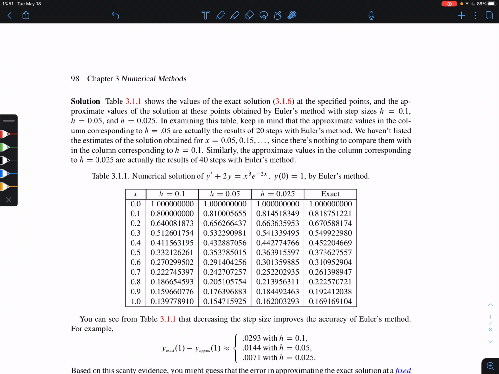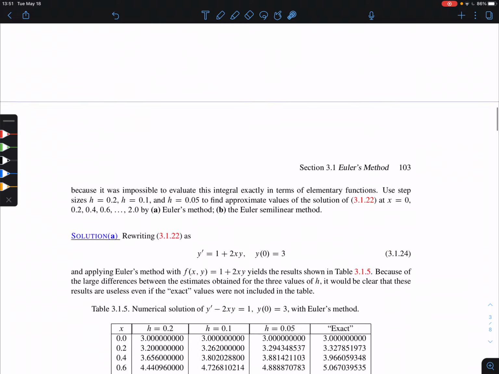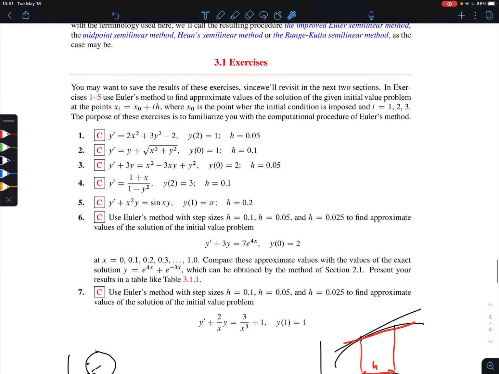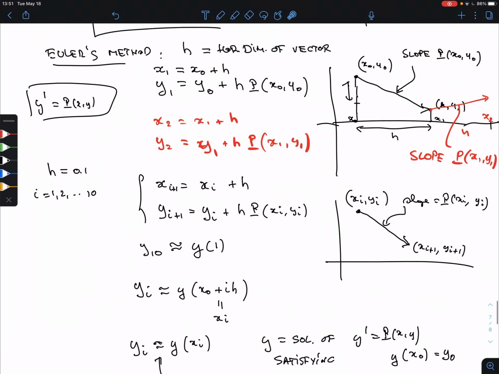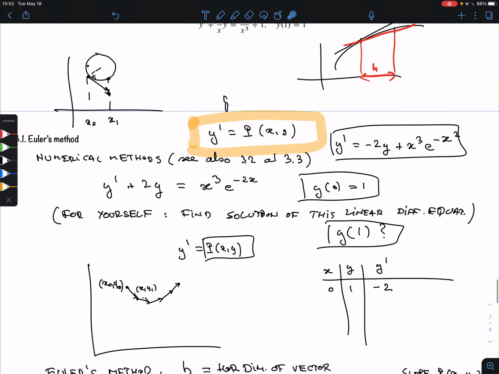In this first table, you see the equation that we talked about, and here are exactly the 10 steps that I described in the first column, h equals 0.1. So they did 10 steps there, and at each step you see the calculation. It is exactly what I said I'm going to do here, but with this concrete equation.